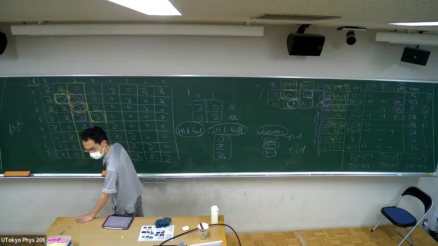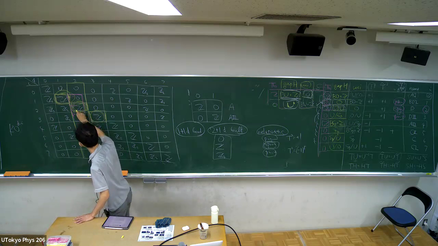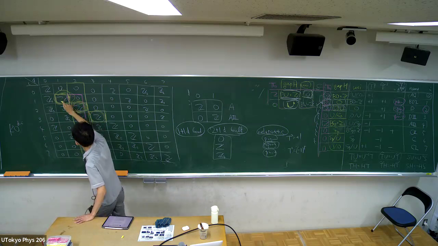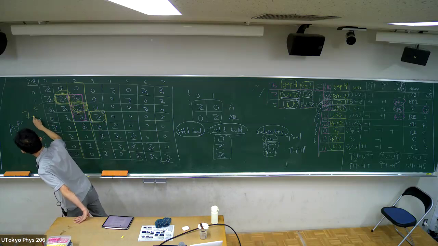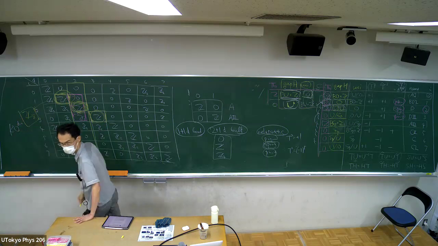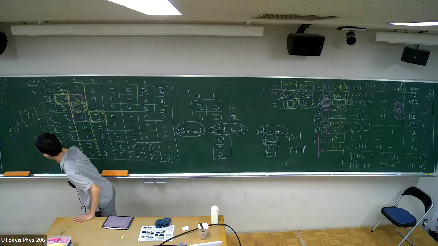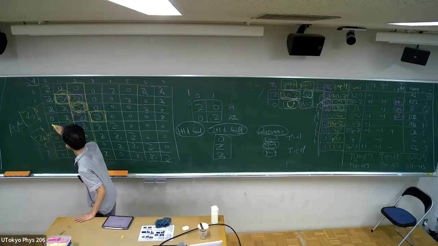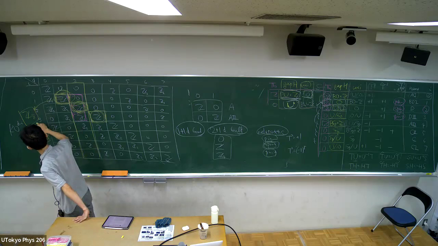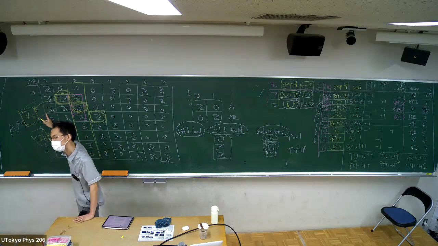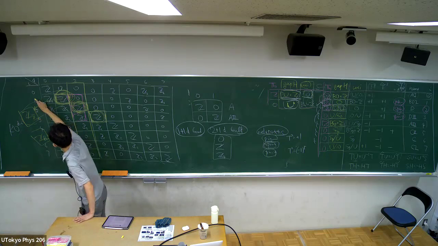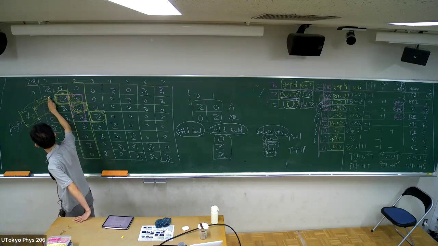If you add interaction, it is known that this Z remains Z, but this Z is known to reduce to Z8, and this Z is known to reduce to Z16. This part, actually, we already explained. So this is the result of Kitaev and Fidkowski.